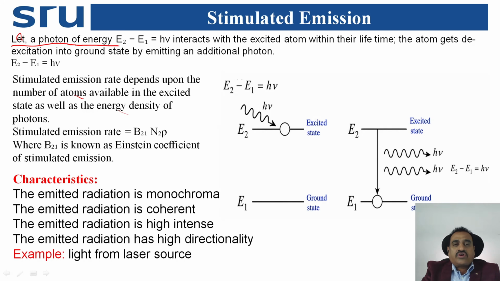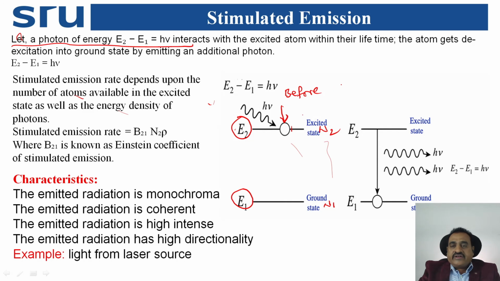Let us take a photon of energy E2 minus E1 is equal to h nu. E1 is the lower energy state, E2 is the higher energy state, N1 is the population in E1, N2 is the population in E2. Then E2 minus E1 is equal to h nu, photon energy, is incident on the excited state atom before 10 to the power minus 8 seconds.